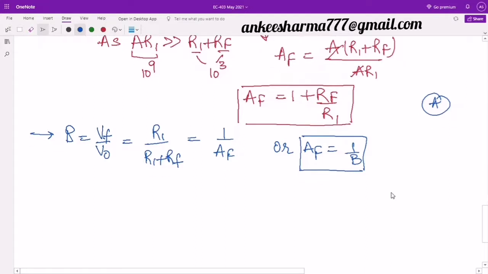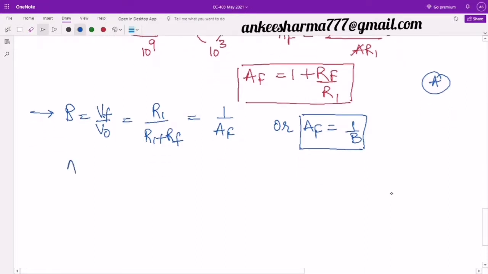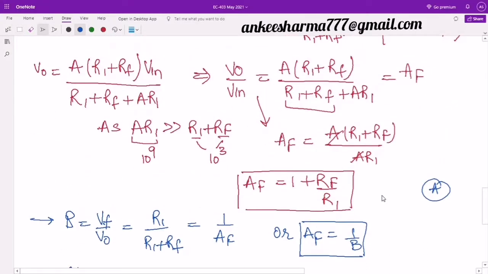Also, if I rewrite my equation of AF, as AF is equal to A times R1 plus RF upon R1 plus RF plus A R1. If I divide the numerator and denominator by R1 plus RF, then what is going to happen?